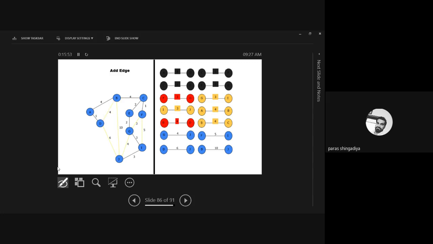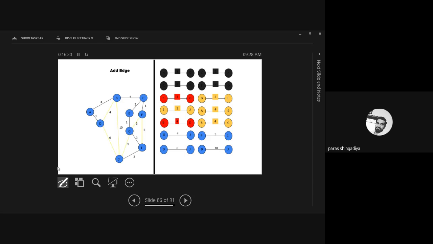Again the next weight is a 4, between B and C, and that we can include here because using that connection no cycle is created, but using the B and D edge it creates a cycle. Clear? So we'll skip that edge, but include this one.